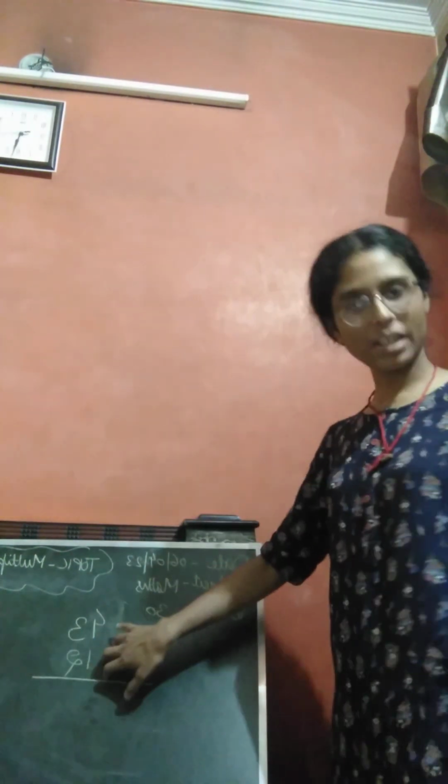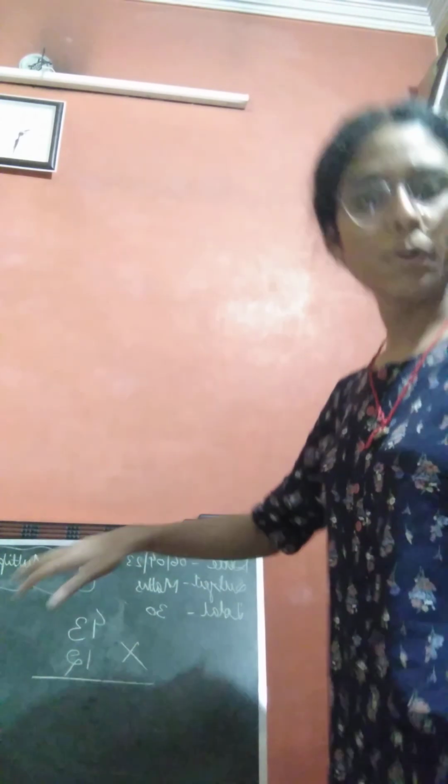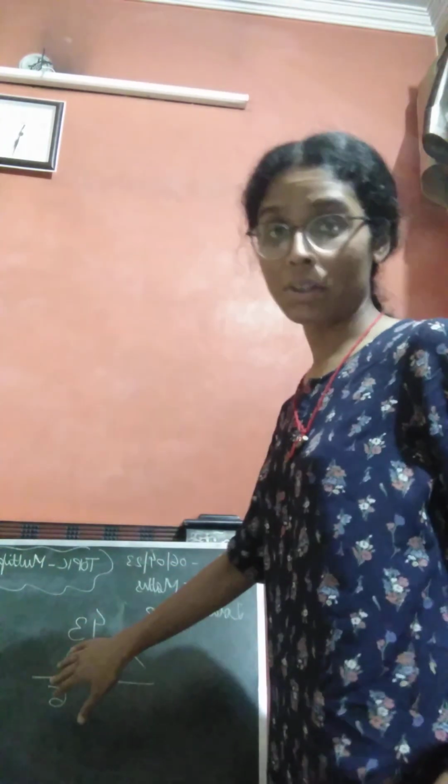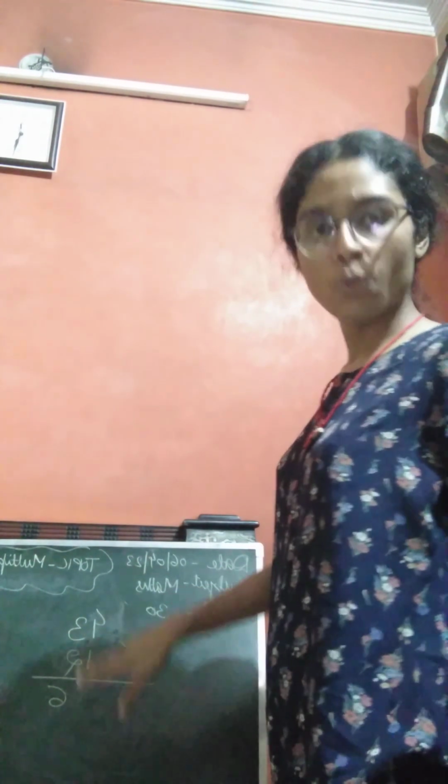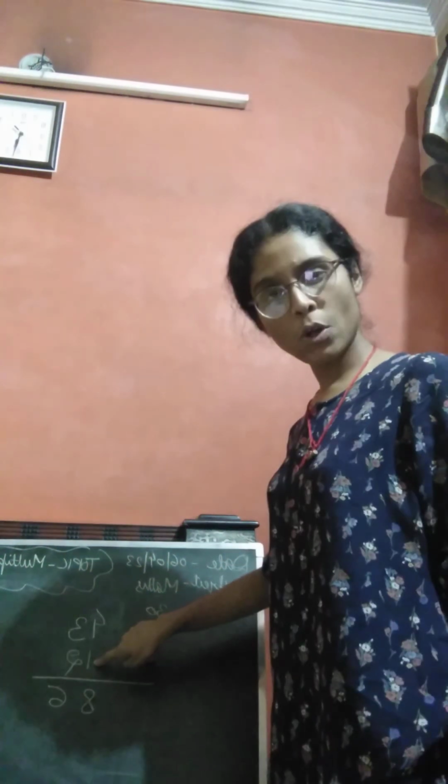Okay, so firstly we are multiplying it just like we did it last year. First we need to multiply 3 by 2. 3 twos are 6. And then if we multiply 4 by 2, it will be 8, right? Then we need to multiply 3 and 1 also.